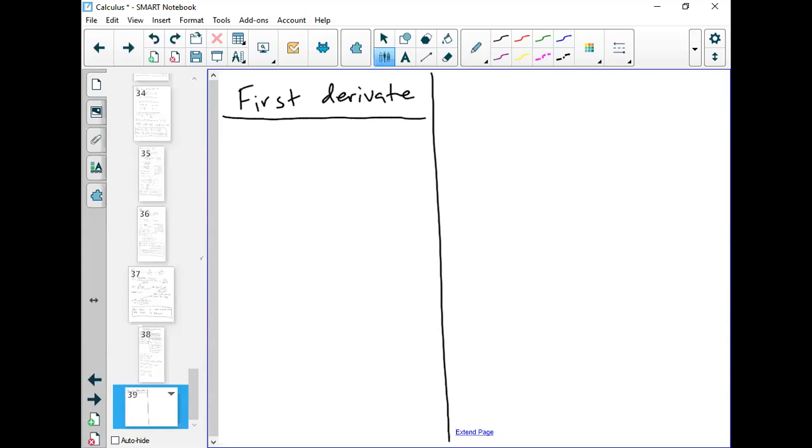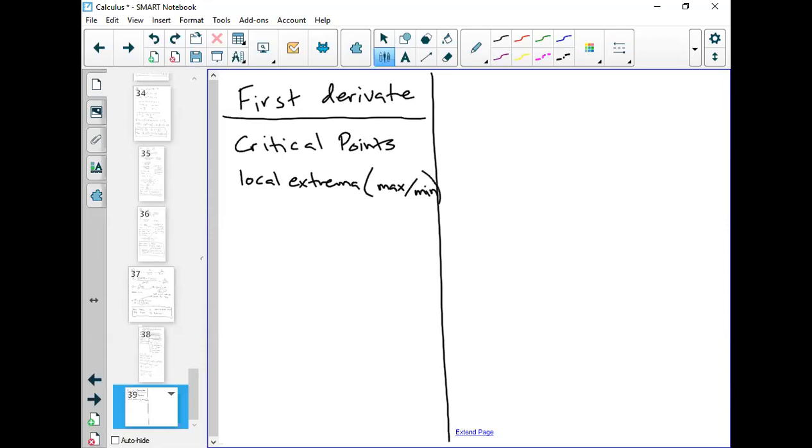The first thing we did was find critical points. The second thing we did was to determine whether those critical points were extreme values or local extrema, and that's going to be our local max or our local min.